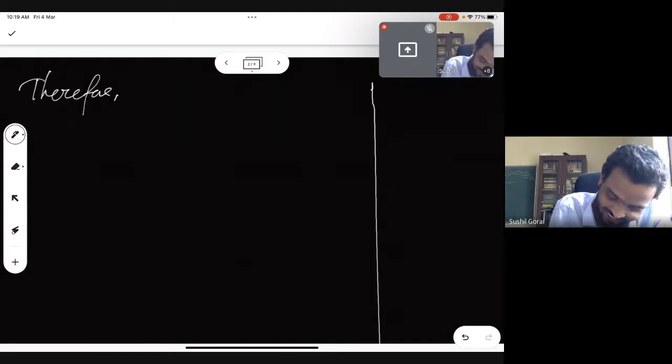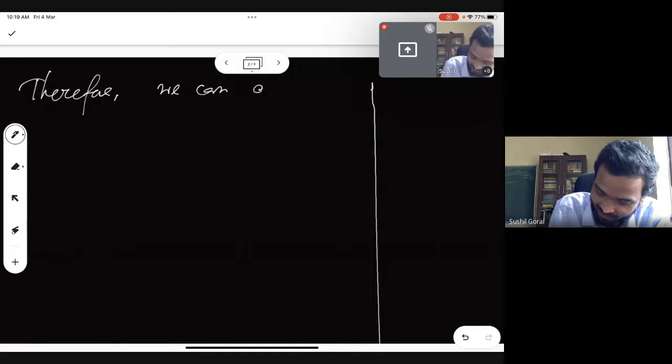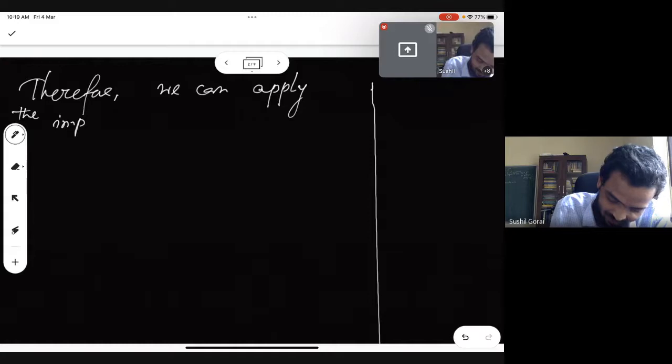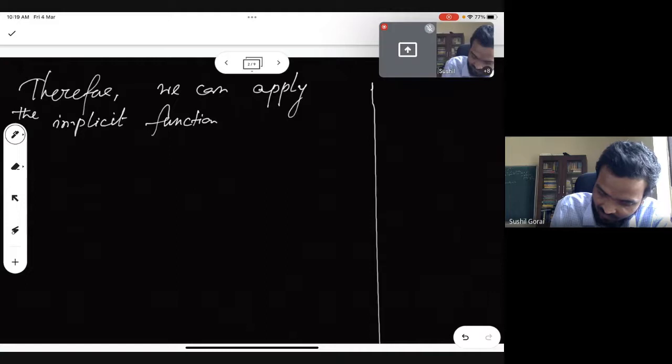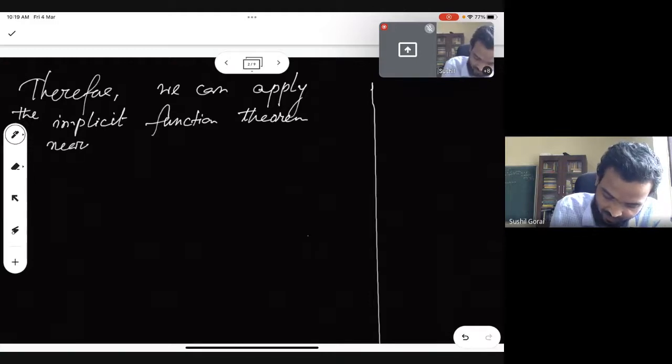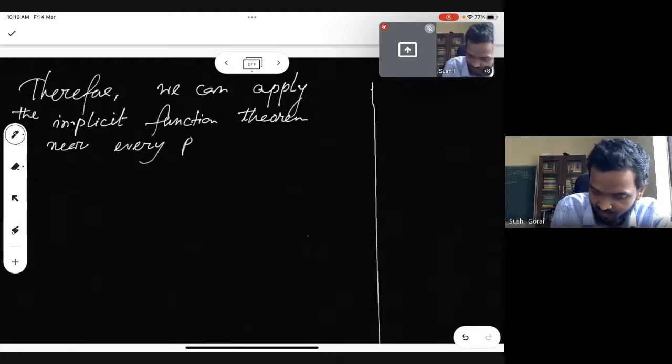So for every neighborhood, you can apply the implicit function theorem, and you can find exactly a path, right? So therefore we can apply the implicit function theorem near every point in S, right?